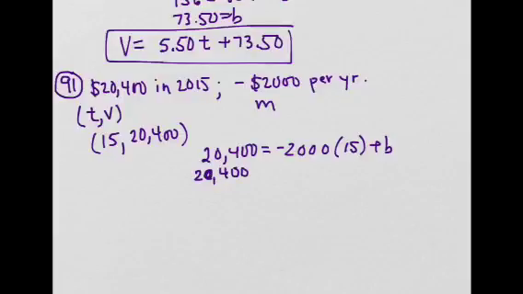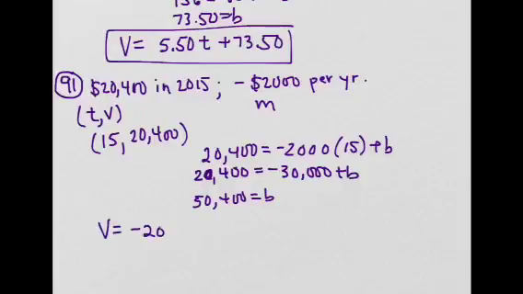Looks ugly. And then this is negative 30,000 plus b. We're going to add 30,000 to both sides, so we end up with 50,400 for b. So your equation would be v equals negative 2,000 t plus 50,400.